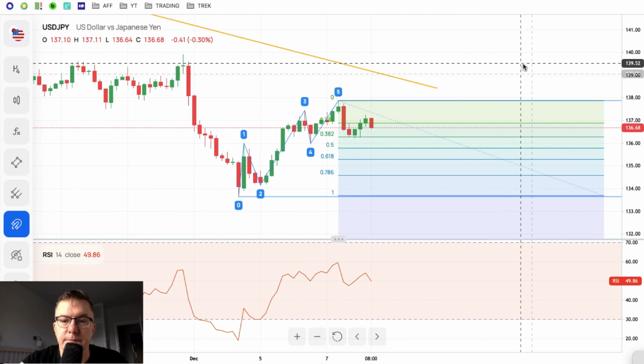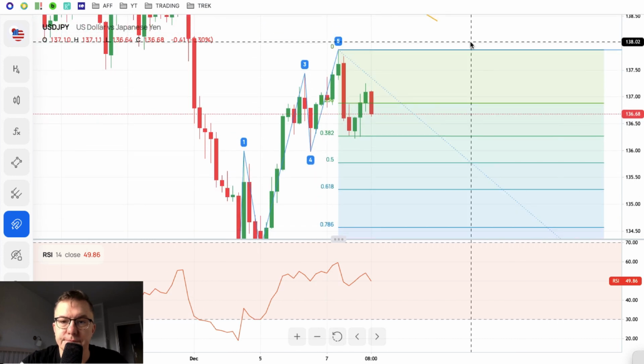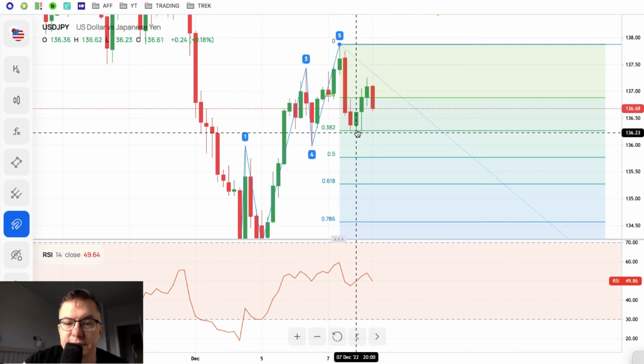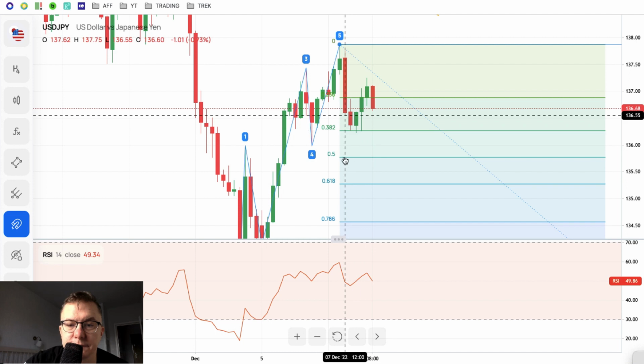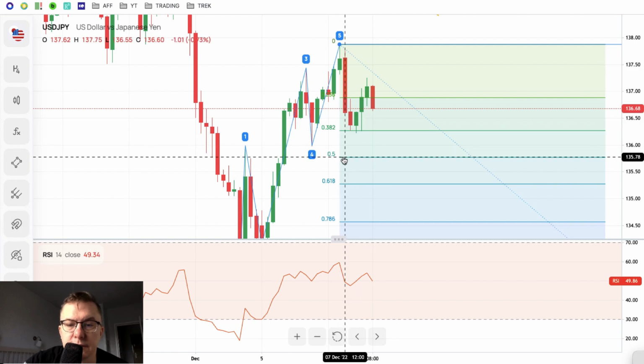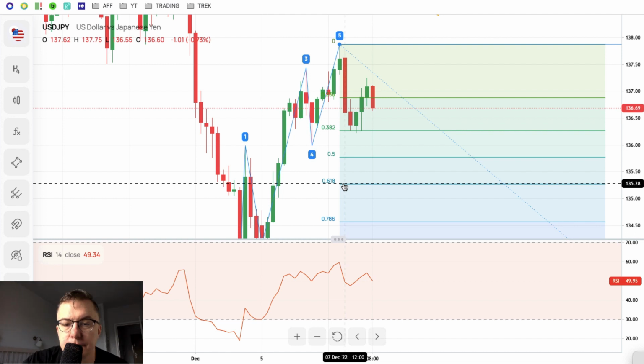We retraced 38% already. Now we are bouncing a little bit higher, but still 50% is waiting to be hit at 135.77, and 61% is located at 135.28. So any of these retracement levels can be hit during the wave C progression.